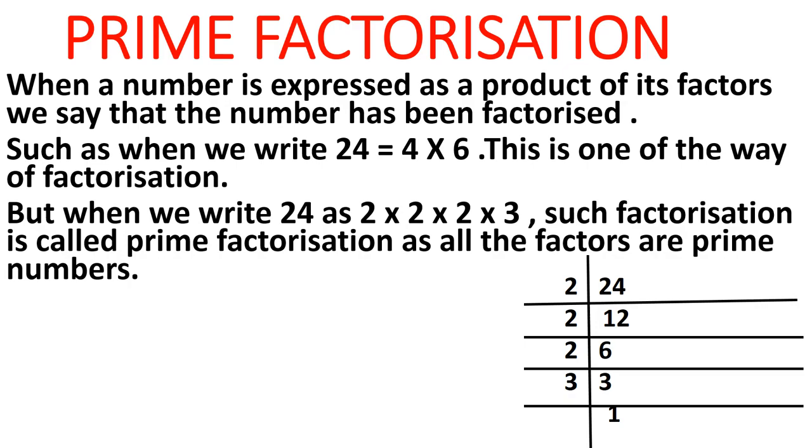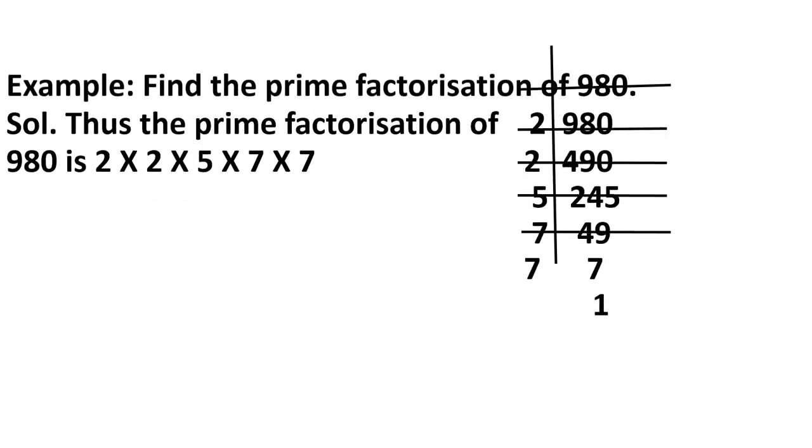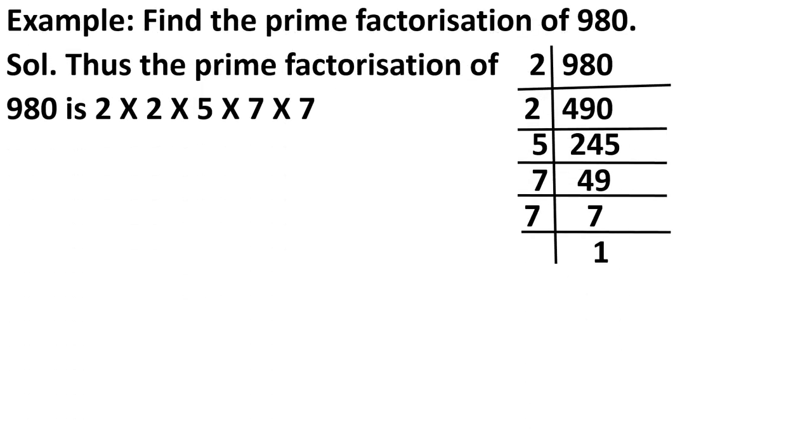See one more example. Find the prime factorization of 980. When we find the prime factorization of every number, we always start from the lowest prime number, and the lowest prime number is 2. So first of all, you have to check whether the given number is divisible by 2 or not. That's why we have learned divisibility rules first.